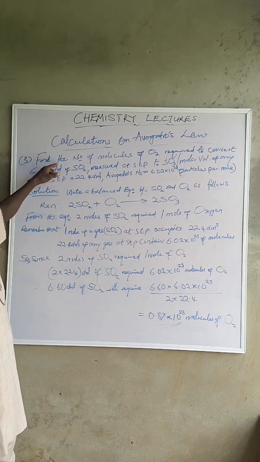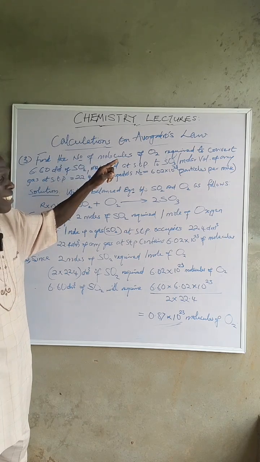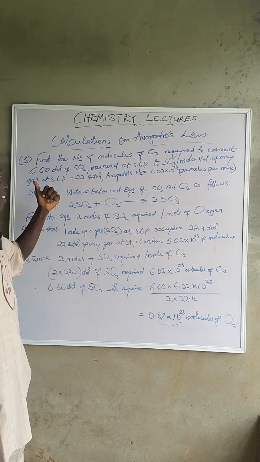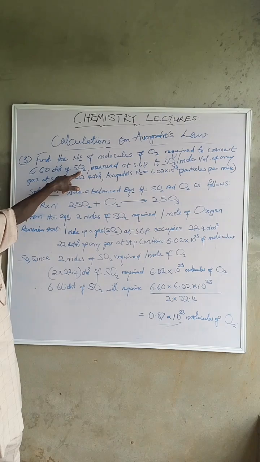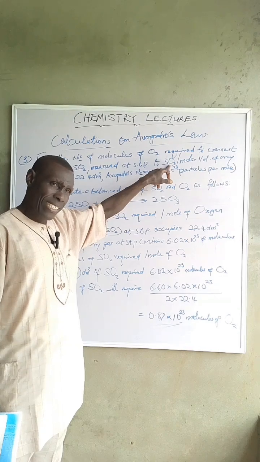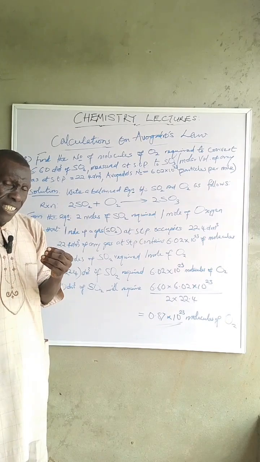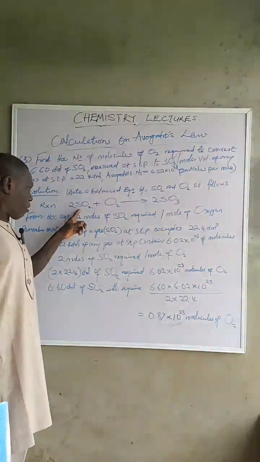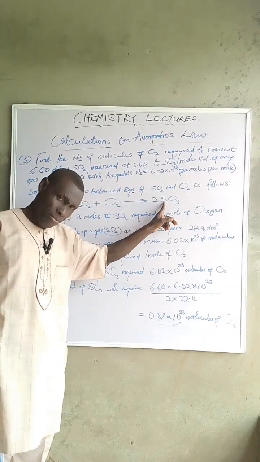The question says, find the number of molecules of oxygen required to convert this volume of this gas, sulfur 4 oxide, at STP to sulfur 6 oxide. It means a certain amount of oxygen will react with this sulfur 4 oxide to produce sulfur 6 oxide.